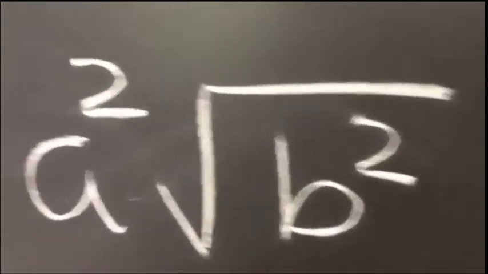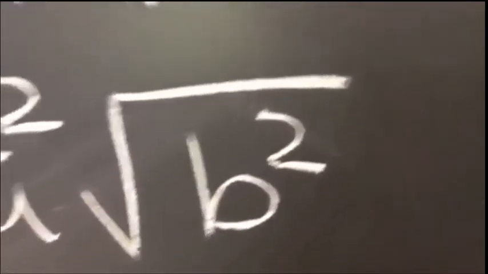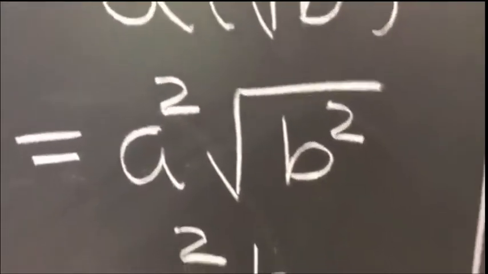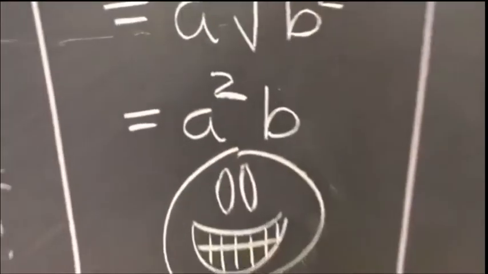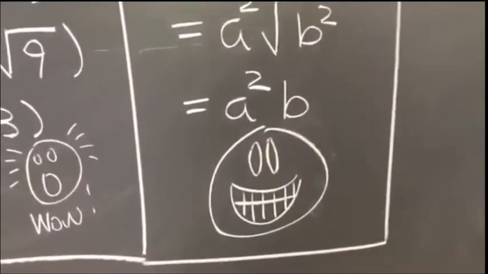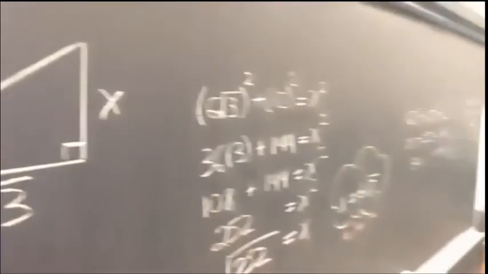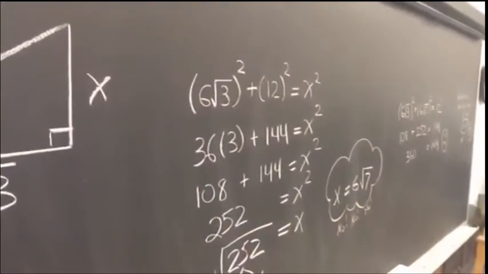And whenever you have a square root and a power of 2, they cancel each other out, and we'll be just left with b. So the final answer is a squared times b. And so that's the rule that I used to help me reduce these numbers as quickly as possible.